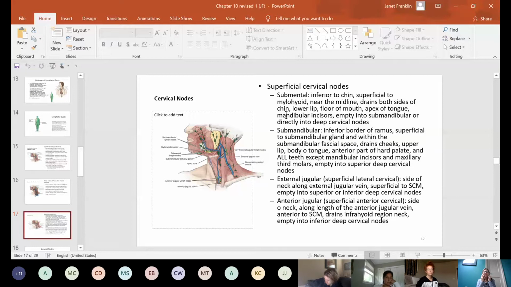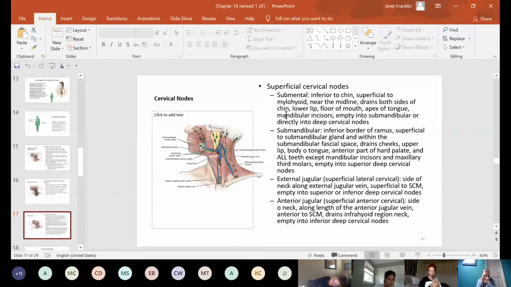And then your submandibular nodes also drain into your superior deep cervical nodes. So everything is going to drain back. Think of it from that perspective. The anterior region of your mouth is going to drain into your submental. Everything else is going to come straight down to your submandibular.